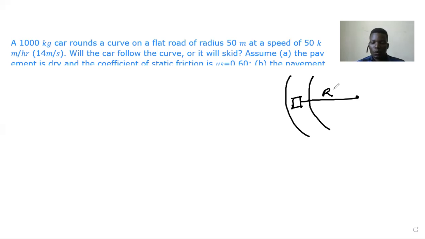Okay, so what we have to do now is to draw the free body diagram of the car and the forces that are acting on this car. If we say this is the car, and it's just a free body diagram, we know that it's going to have the static friction force in that direction towards the center, and then it's going to have the normal force.